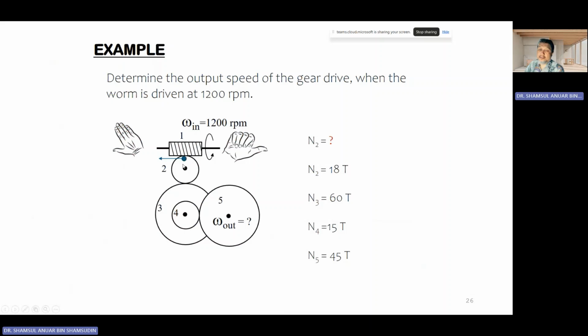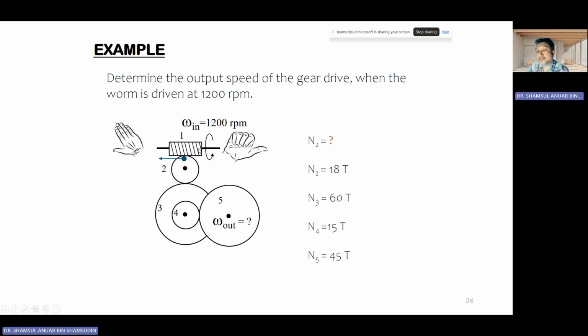We need to find out this one is a right hand worm, and if it turns this way, you wrap your 4 fingers like this on the right hand, and then the direction shown by your thumb will be the direction that this one will go if it is not restrained.